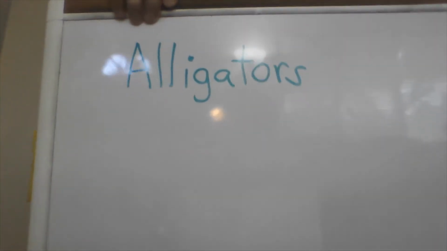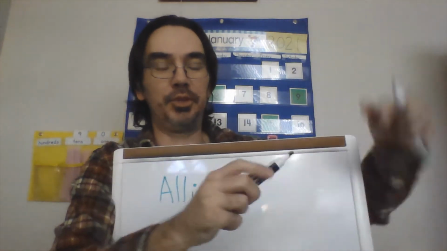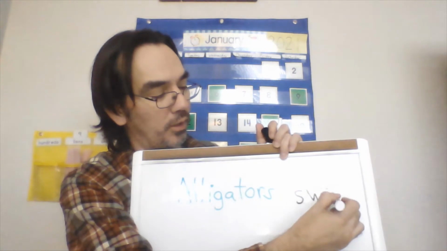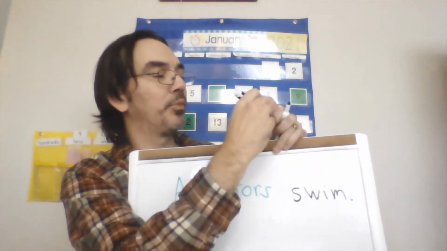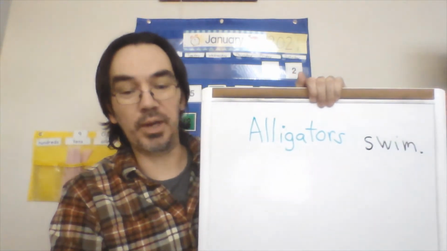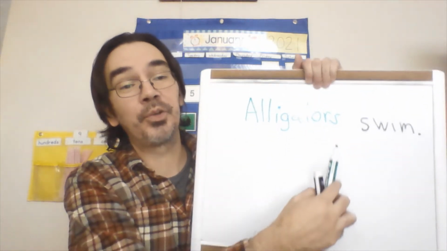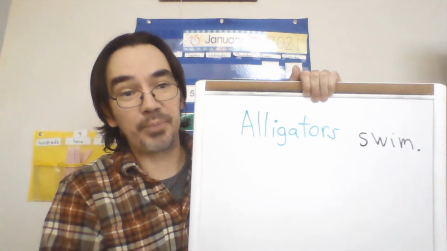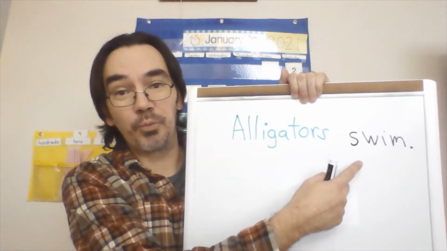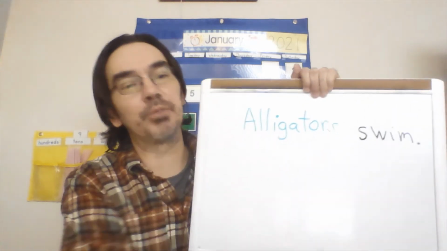That one did not work. Sorry, boys and girls. All right. This one should. We have a winner. Winner, chicken dinner. Okay. Alligators swim. All right. So I have my naming part and my telling part. Alligators. Name it. What do they do? They swim, right? I told you that they swim. So that's my telling part.